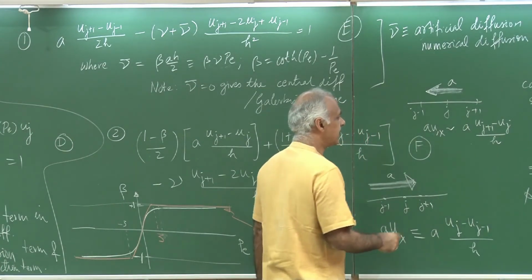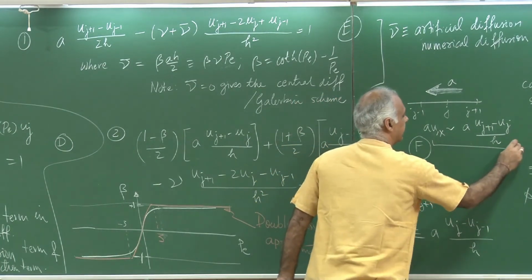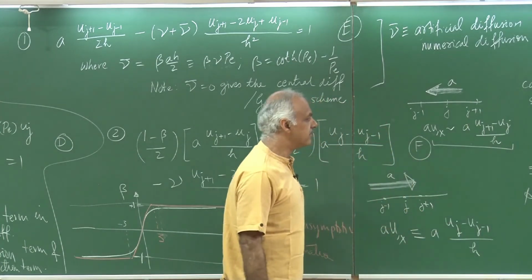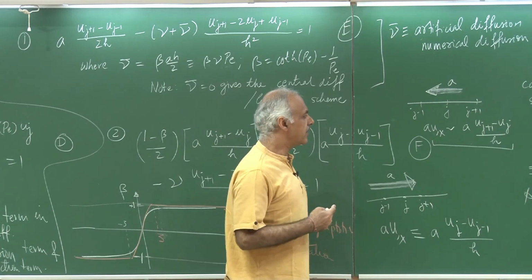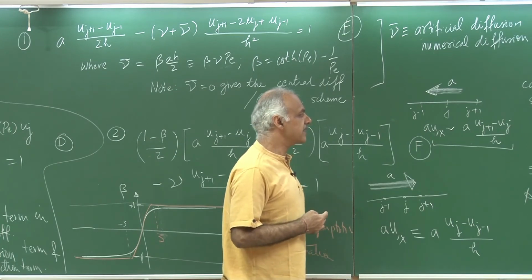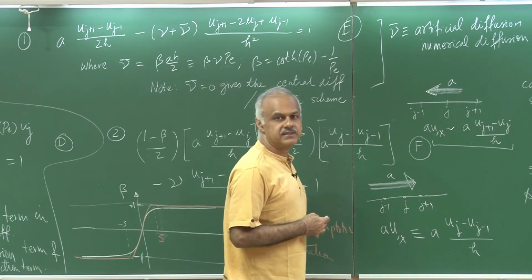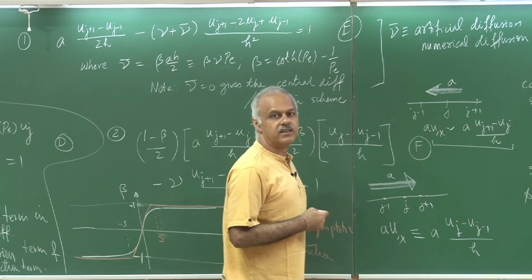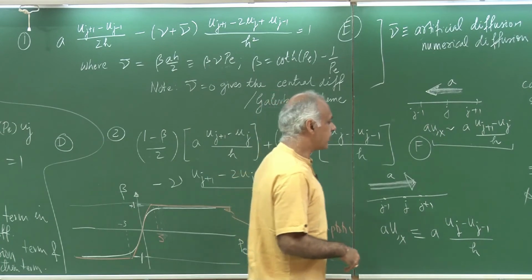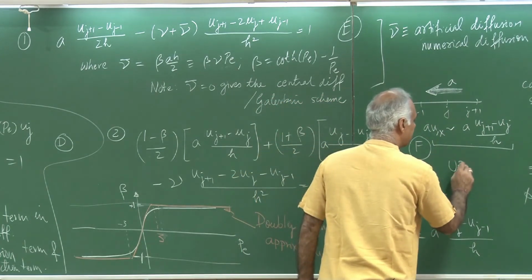So what is being said is that always take information from upstream. So when you are approximating the advection operator, then information should come from upstream and not downstream. And that is why we call it upwinding.